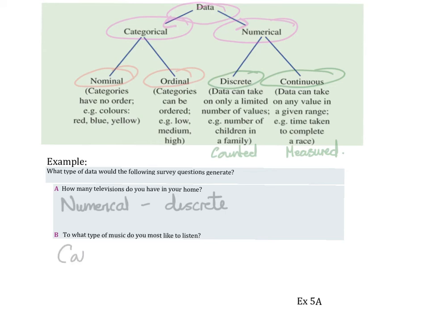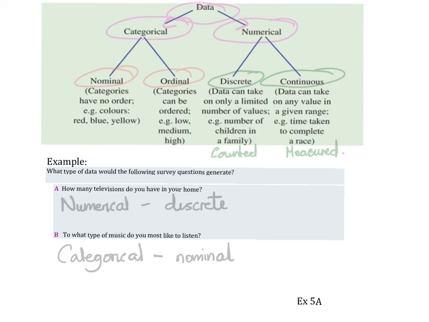So that would have to be categorical. Words. Well, categorical, are they nominal? Are they just random words, or do they have some sort of order? Well, there's no real order there, is there? So they would have to be nominal. They are just names.